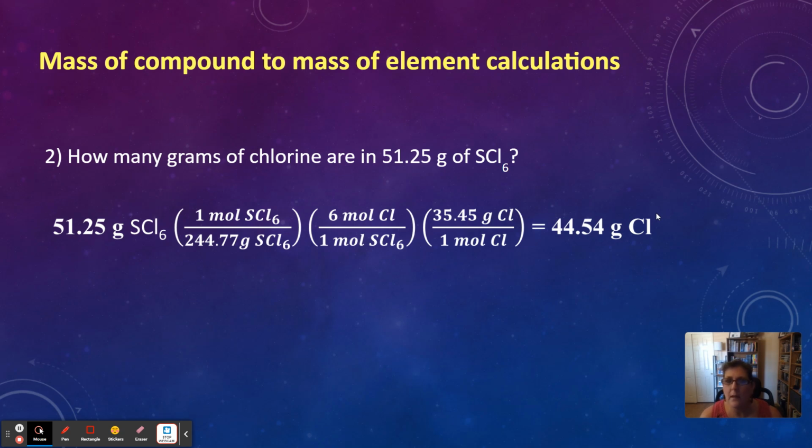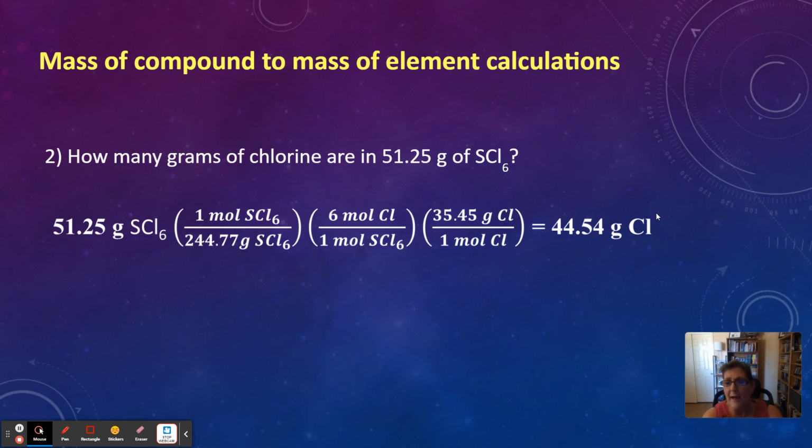Good job. Now, someone may ask, in that last step, when we're doing the molar mass of chlorine, why is it just 1 Cl and not 2? Because chlorine's diatomic. Well, the chemical is SCl6. So chlorine is not alone here, so it's not diatomic. So we don't add up Cl2.